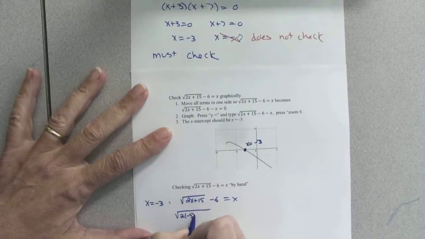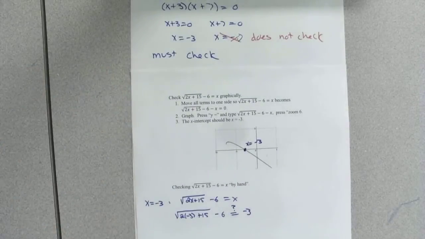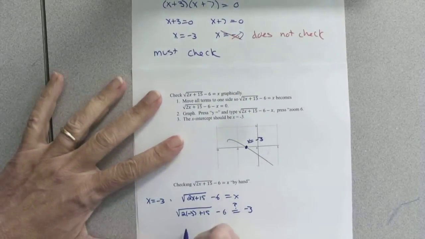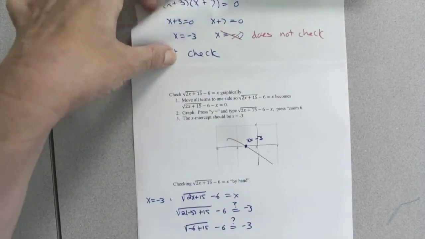I'm going to have the square root of 2 times negative 3 plus 15, minus 6. Wondering if that's going to be negative 3, with a little question mark over the equal sign. Are these things going to be equal to each other? That's going to be the square root of negative 6 plus 15, minus 6. Wondering if that's going to be negative 3.